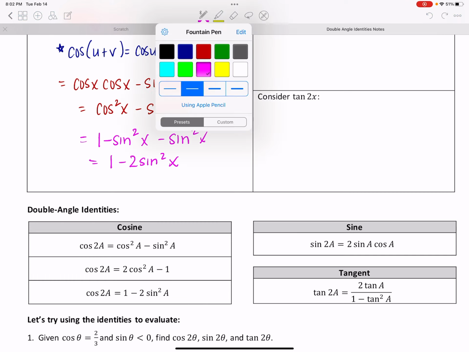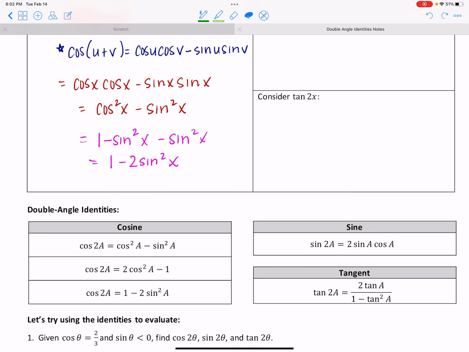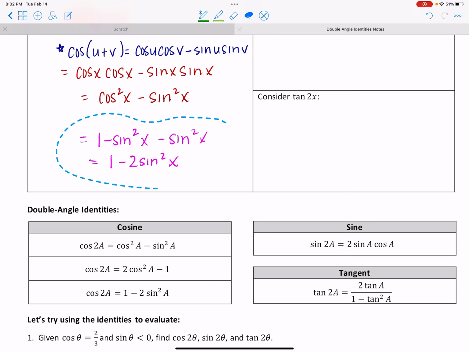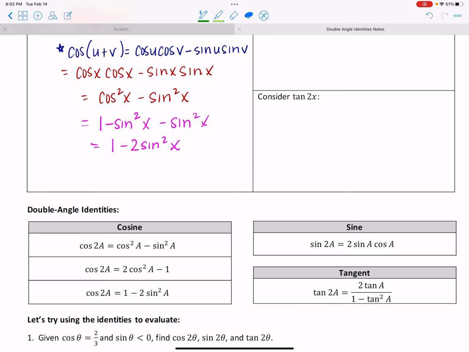And then a third option would be, let me try to manage my space here. In the cosine squared minus sine squared version, I started by replacing cosine squared. What if I replaced sine squared instead? So sine squared would be equal to 1 minus cosine squared. So I could also say that, let me just bring this down, leave the cosine squared this time, and replace sine squared with 1 minus cosine squared.